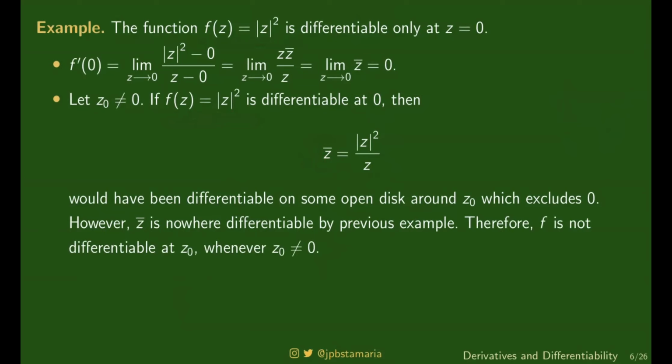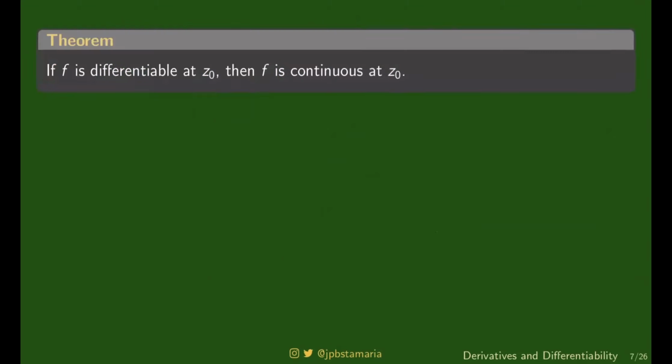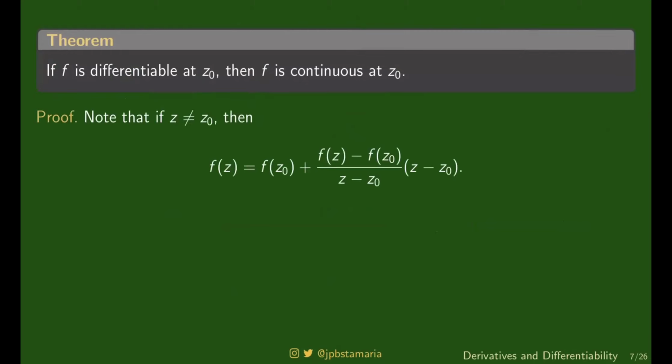Ano pa yung mga bagay na alam natin about differentiable functions? Ito, classic ito. Na kapag si f ay differentiable sa z naught, ano siya? Automatic continuous siya. Once na ma-prove mo ang differentiability sa z naught, automatic ang continuity. But again, there are functions which are just continuous but not differentiable. Example, z bar. Okay? Why is that the case?